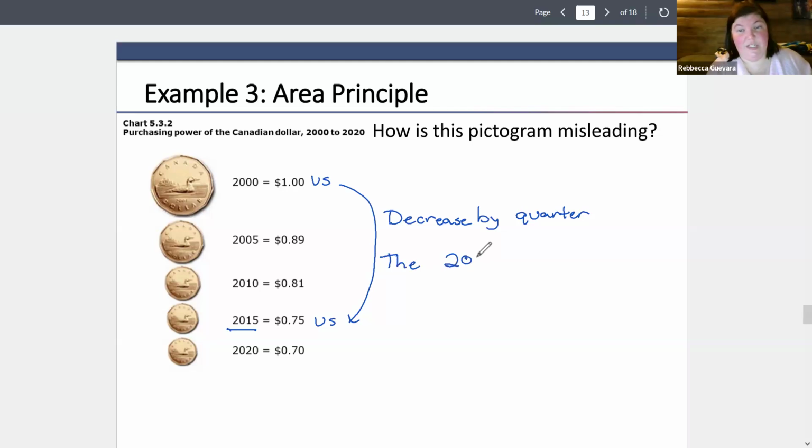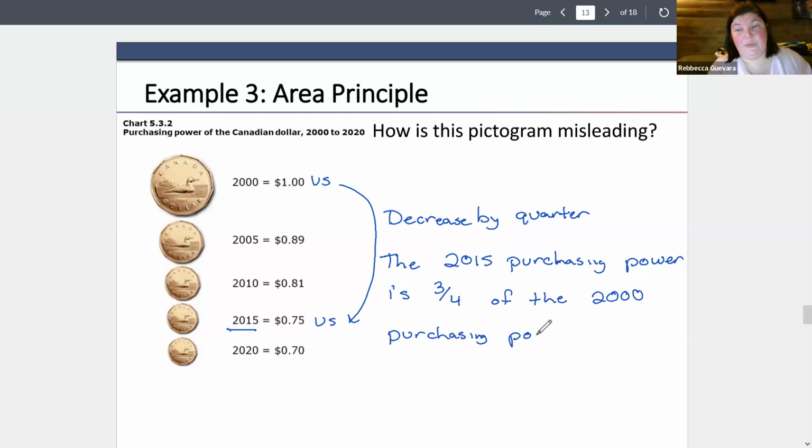The 2015 purchasing power is actually 3/4 of the 2000 purchasing power. So it's decreased by a quarter, but really what we did is we retained 3/4 of the purchasing power.